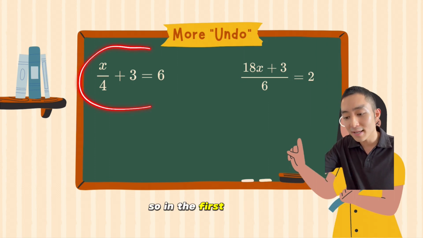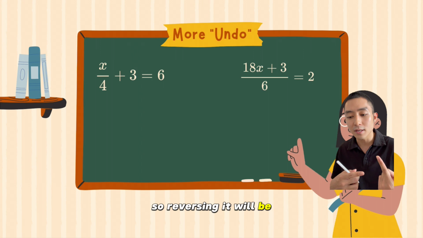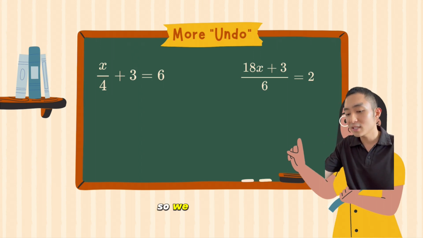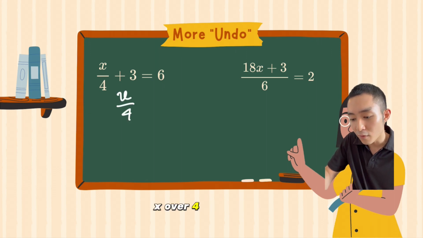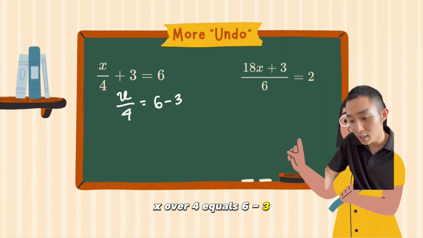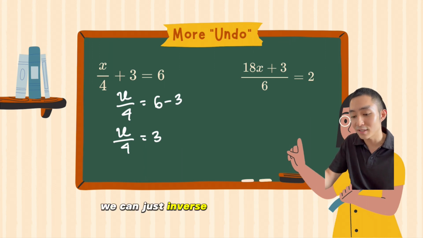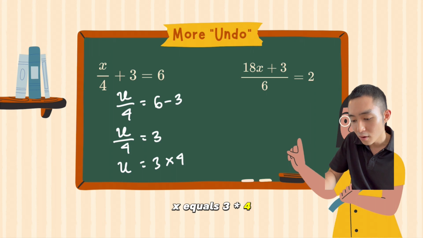In the first equation, we divide a number first and then we add. So reversing it, we subtract and then we multiply. So we subtract 3, in which we will get x over 4 equals 6 minus 3, and x over 4 is 3. Because this is a division, we can just invert it into multiplication. x equals 3 times 4, which is x equals 12.